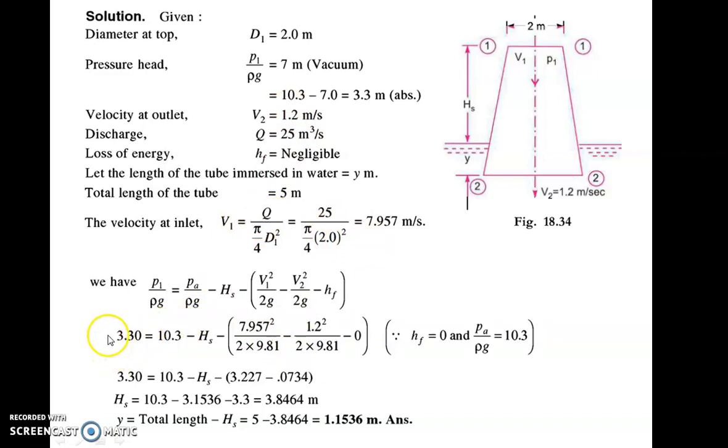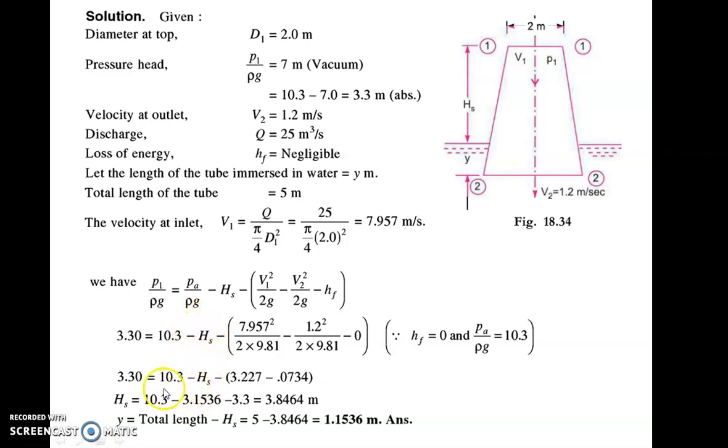So if you put P1 by rho g as the absolute value 3.3 meter, then for PA by rho g you have to take atmospheric pressure 10.3 because you have taken the absolute value. If you had taken the negative value minus 7, then you should not take 10.3, you have to take 0. So this will give you the HS value.